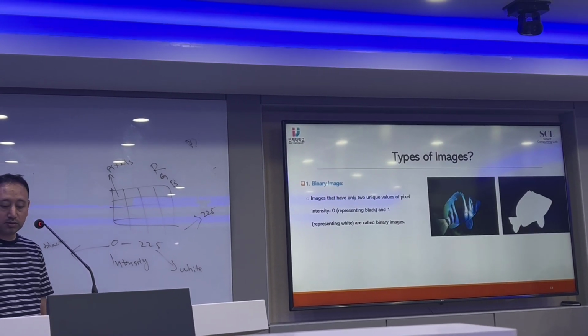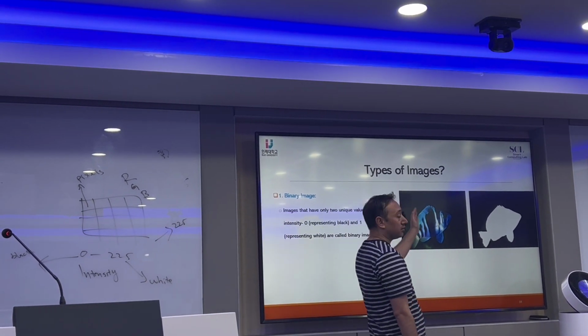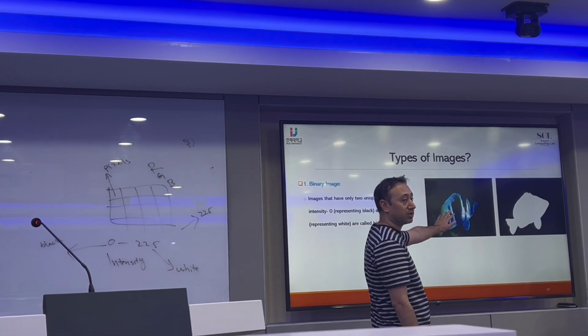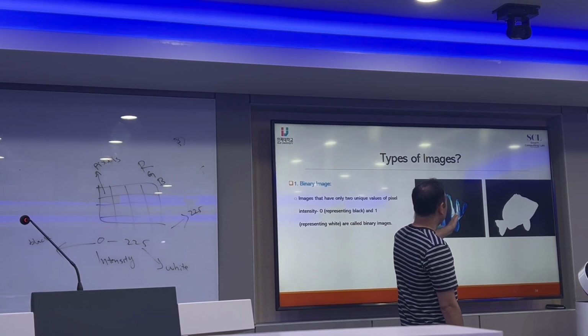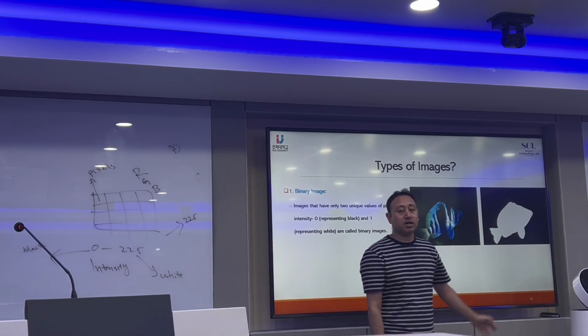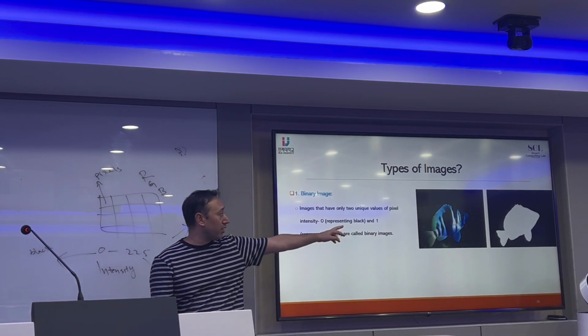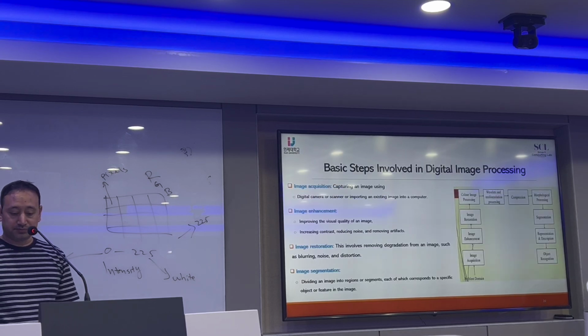If I show here, you can see that this is an image. Here we have used thresholding. For example, for a binary image, 0 and 1: 0 shows the background and 1 shows the foreground. That is why in white color, that is the fish. So this is the thresholding method.